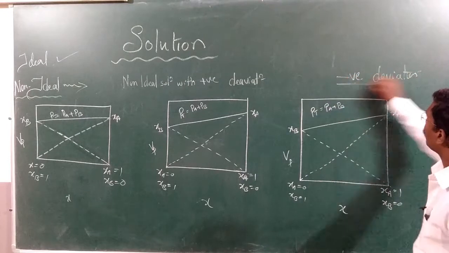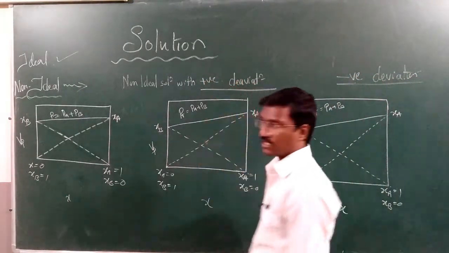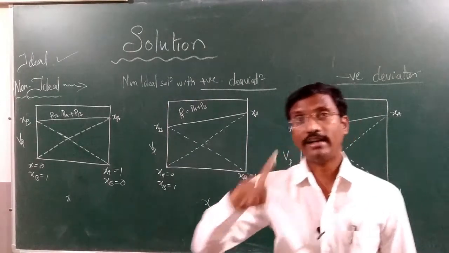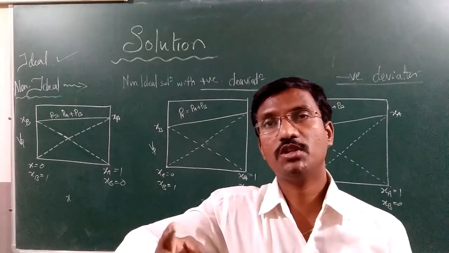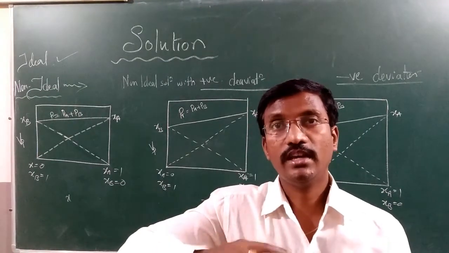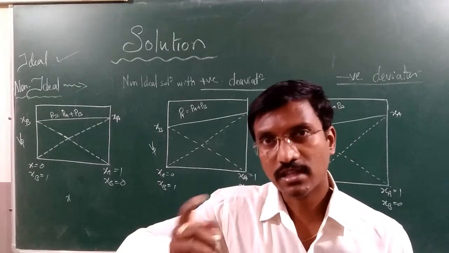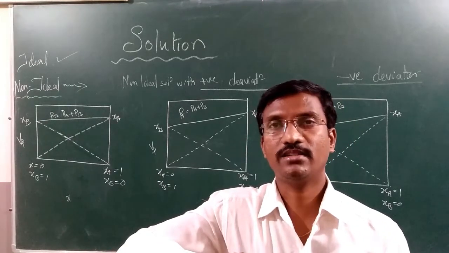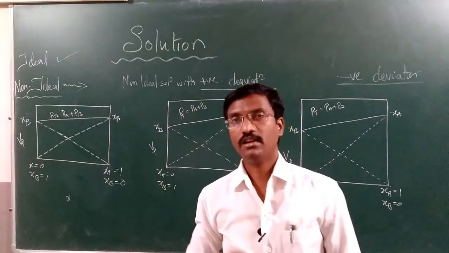What are positive and negative deviation? Positive means the change in enthalpy is positive and the volume is also changing positively. Negative indicates that the change in enthalpy is decreasing, it is negative, and the change in volume is also decreasing, it is negative.